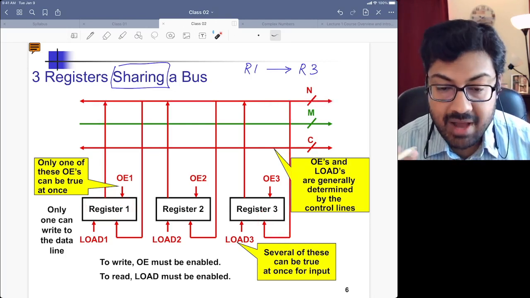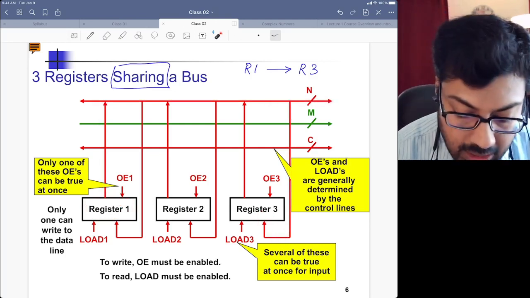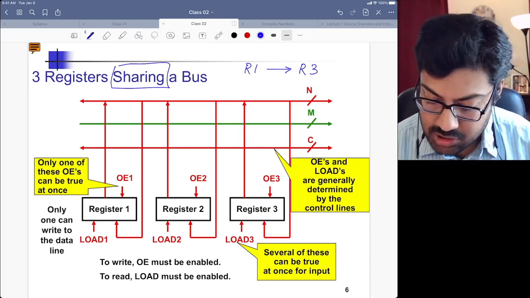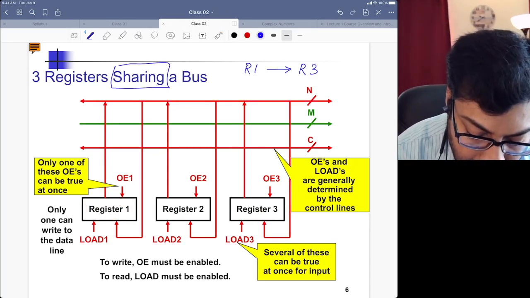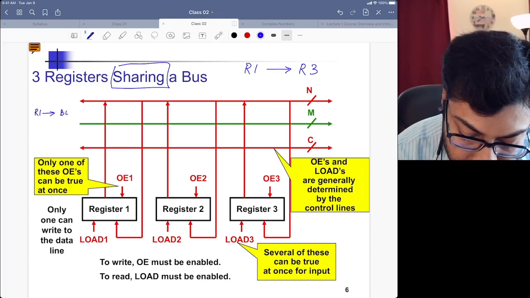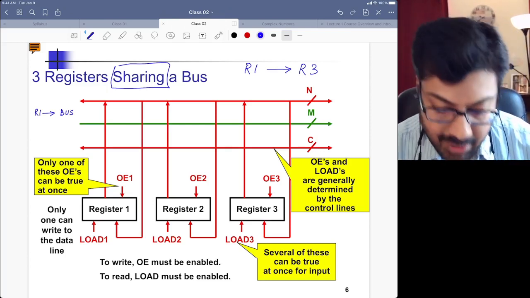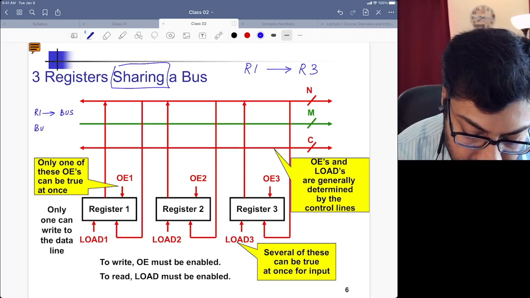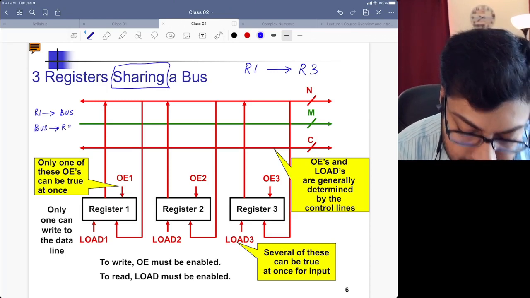So in terms of RTL, register transfer language, you would be writing this: R1 to bus, in this case the data bus, and then bus to R3, right?